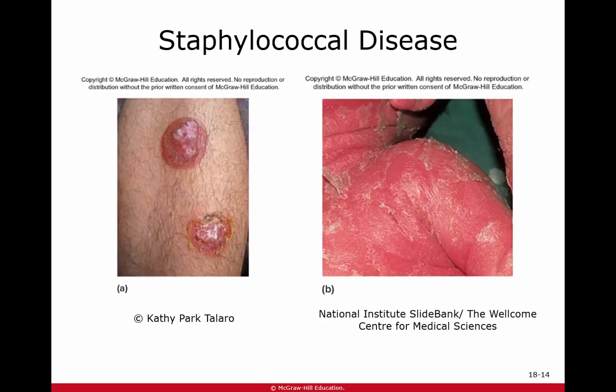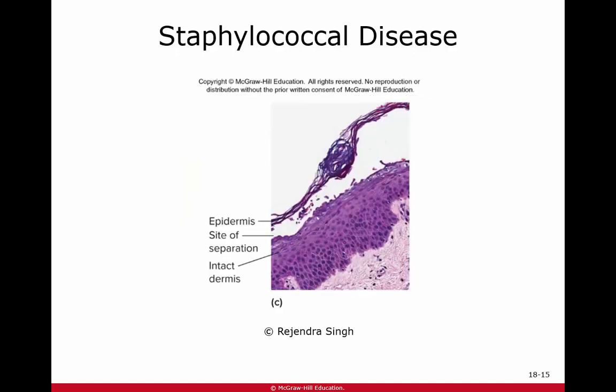And you can see there some of the staphylococcal disease. Figure A is showing impetigo, and then the scalded skin syndrome is there on figure B. And you can see how the epidermis just comes off in sheets. It just totally separates.